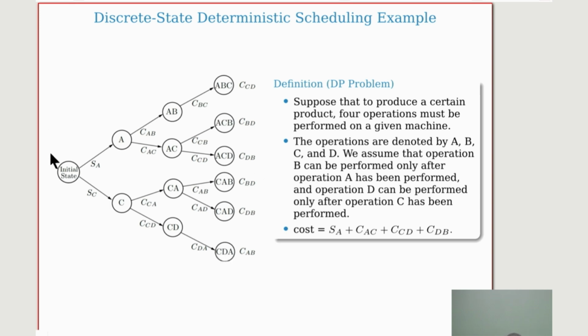So in this you will see that these are the possible terminal states in this scheduling problem, all possible terminal states that you can get.